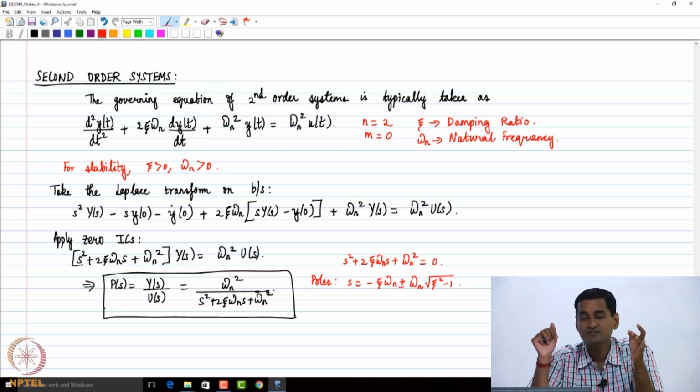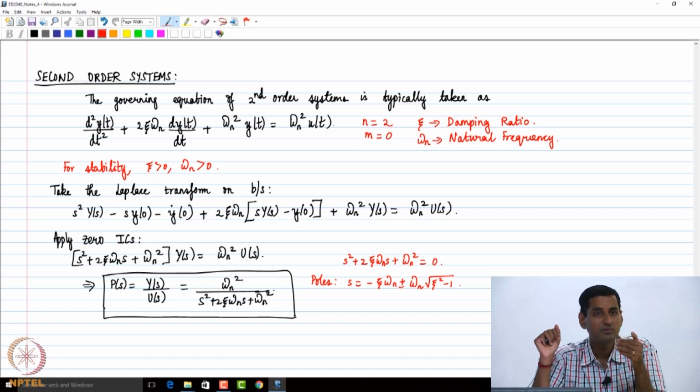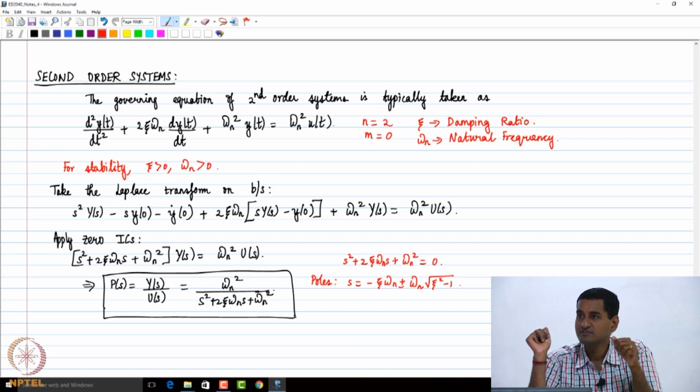Depending on the value of zeta, the location of the poles changes, and consequently the system behavior changes a lot. So we look at what are called underdamped, critically damped and overdamped systems, depending on whether zeta is less than 1, exactly equal to 1 or greater than 1 respectively.